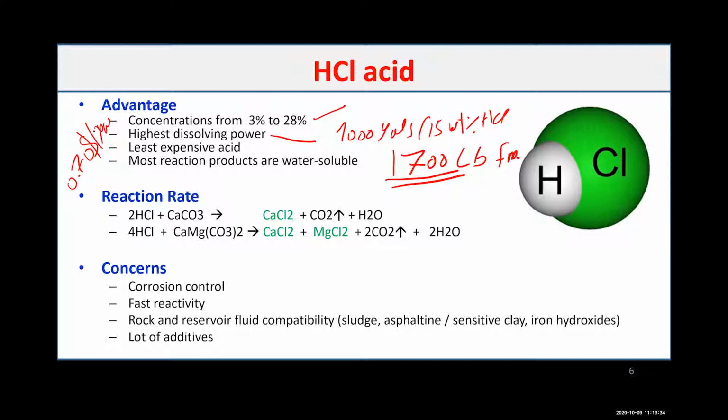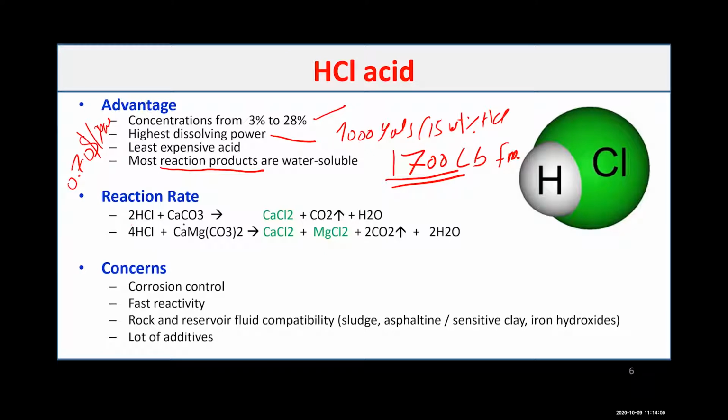Therefore, it's one of the acids that we typically use in the oil and gas industry. And the most important part is the reaction product. When it reacts with the formation, whatever comes out as the reaction product is completely water soluble. So we do not see a lot of damage due to the reaction product coming from HCl. And I have here the reaction for two formations.